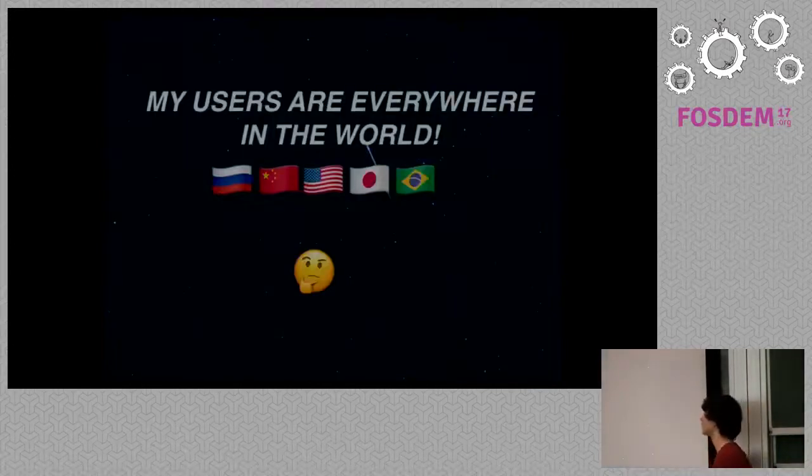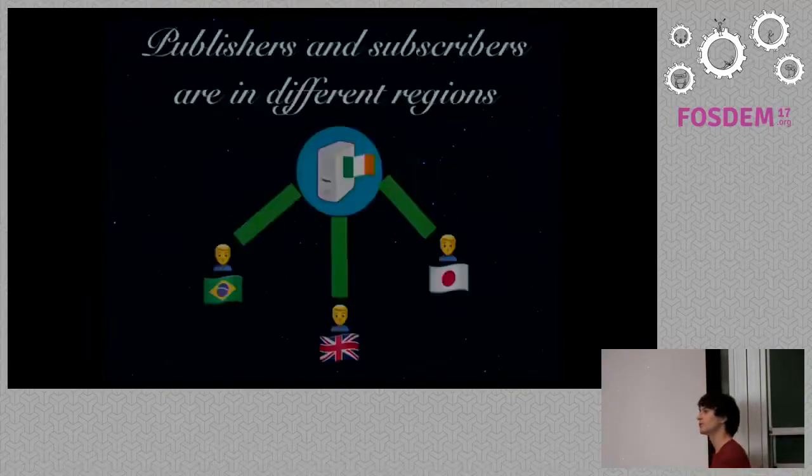Another challenge that you wouldn't think of is, what if my users are everywhere in the world? You maybe don't see what the challenge is here. If you have a client in Japan, a client in Brazil, and a client in the UK, let's say the client in the UK publishes a message and subscribes to a destination in Ireland.